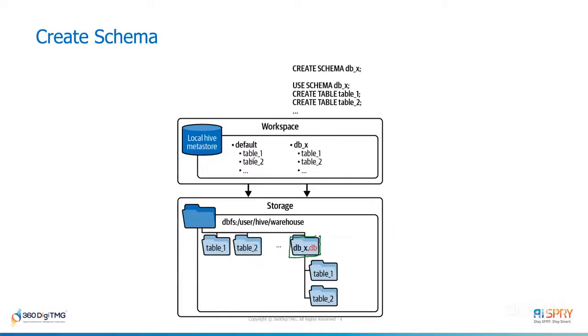There you can write your tables. Now, if you want your personalized or customized space, then you can go and create a new space. What happens in the file system? It creates a new folder and you can create tables within it. That is what we call creating a custom schema. You're customizing the schema.